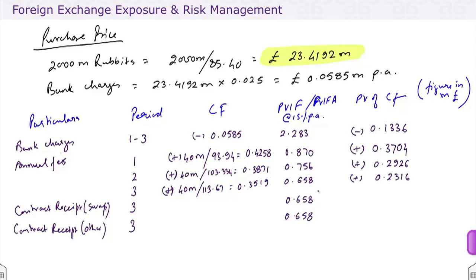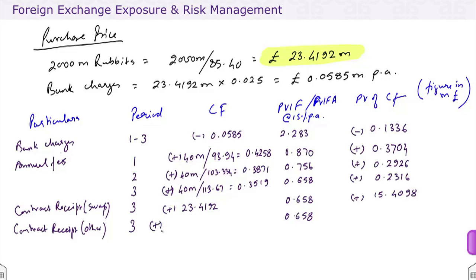So in this case we can directly take the cash flows as we have worked it out earlier. In contract it's in the form of swap, so it's a positive cash flow of 23.4192 million. Multiplied with the present value factor, it comes to 15.4098.